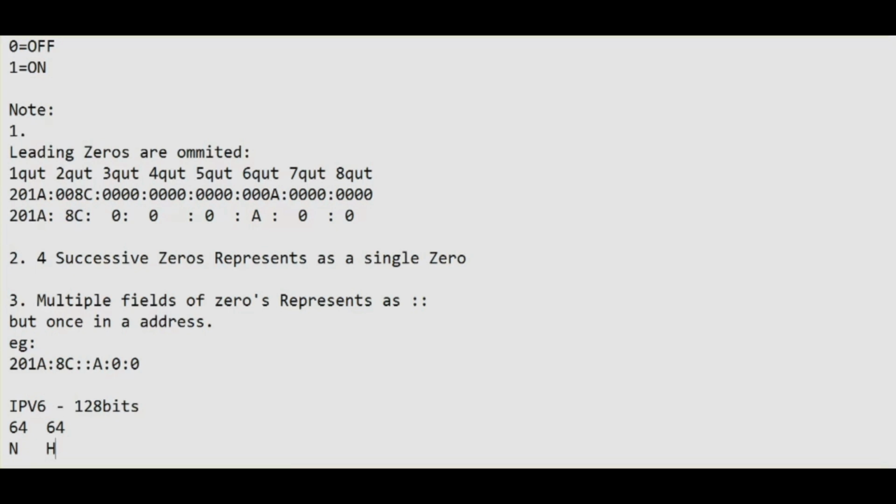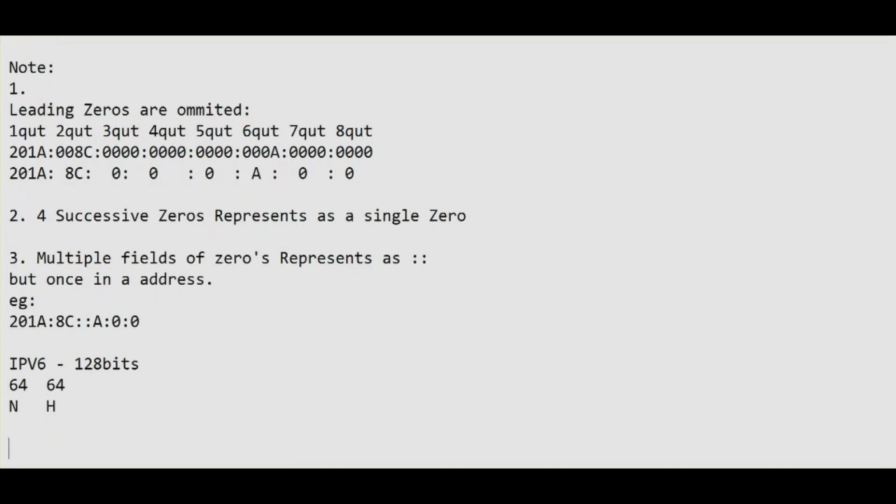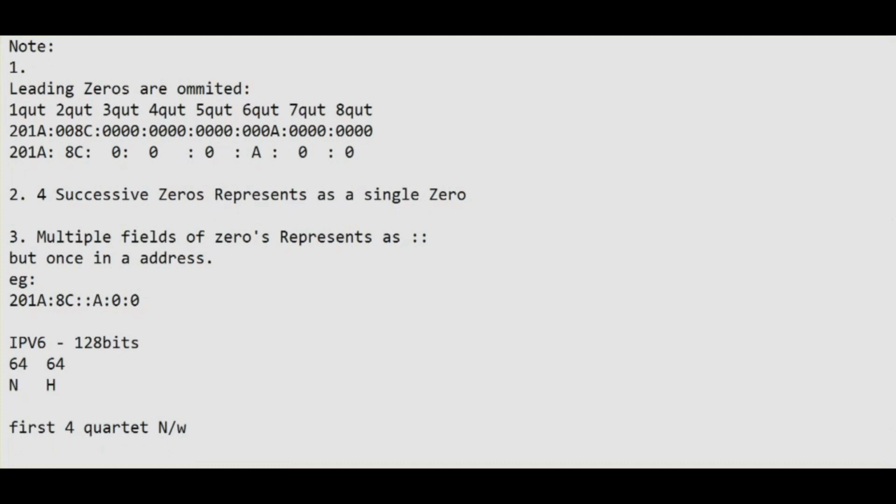The first four quartets are for network, the second four quartets are for host. I'll write that point also. The first four quartets are network and the second four quartets are host.